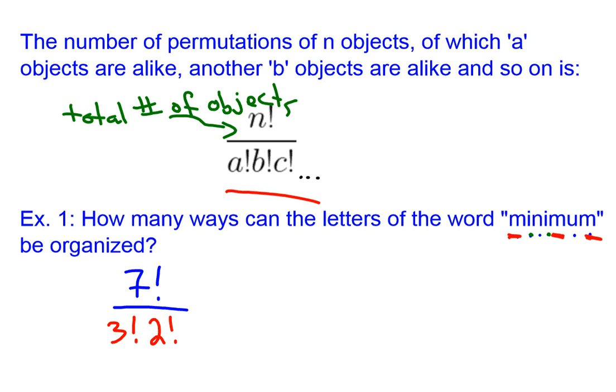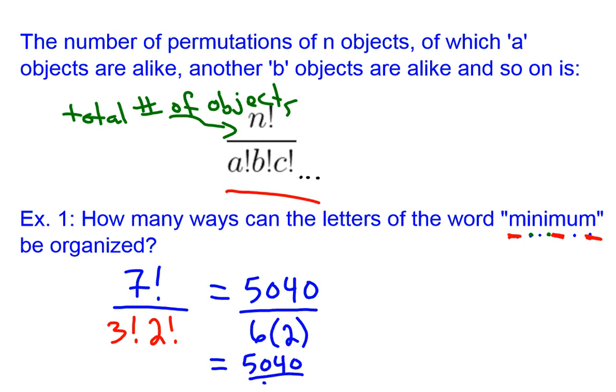So now we just need to work out what 7 factorial is. 7 factorial works out to 5,040. 3 factorial is 3 times 2 times 1, which is 6, and 2 factorial is 2. So that's 5,040 divided by 12, and we get an answer of 420.